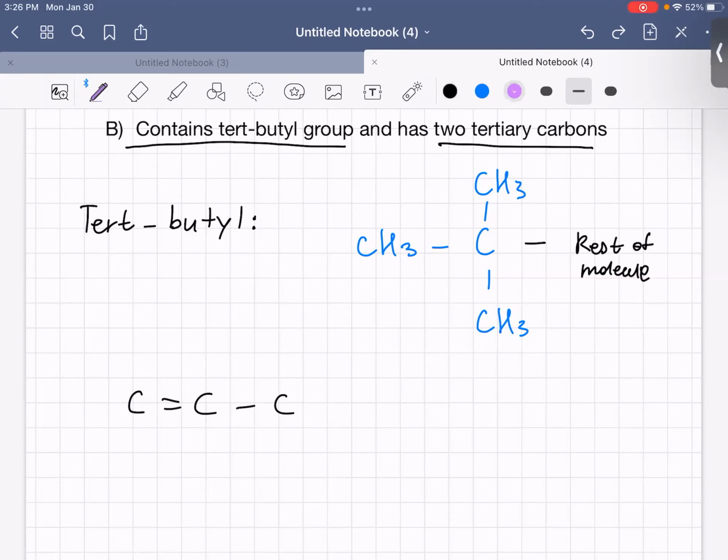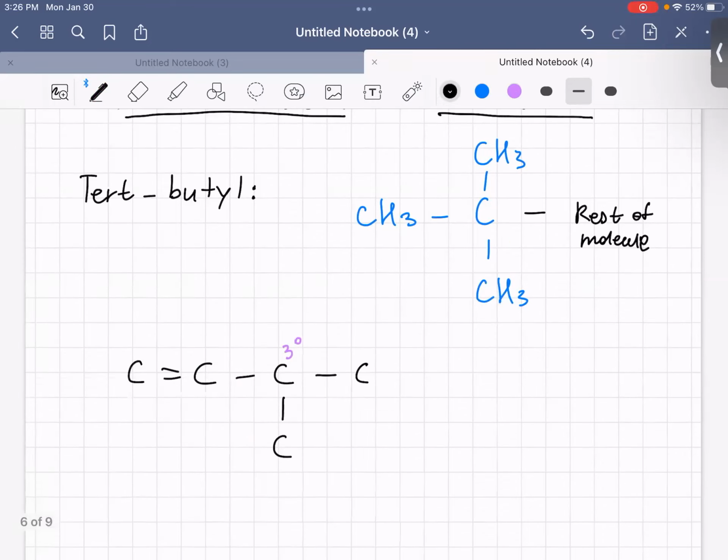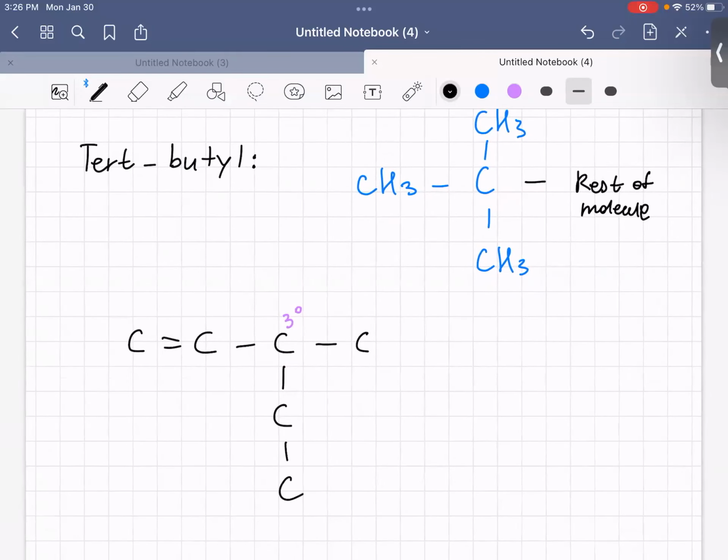So a tertiary carbon is bonded to 3 other carbons. So here I have a tertiary carbon, right? One carbon bonded to this carbon, bonded to this carbon, bonded to this carbon. This is my tertiary carbon. Let me make another tertiary carbon. I can even make it right here.